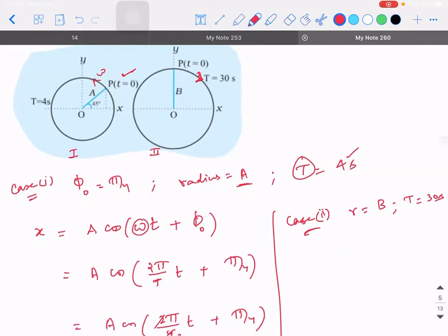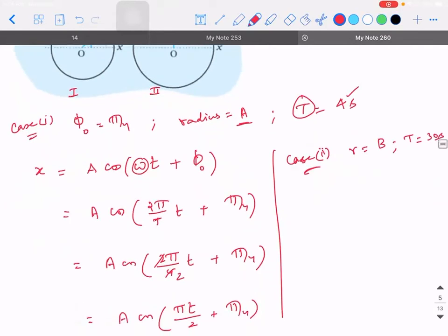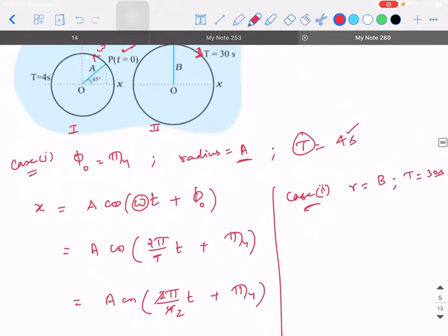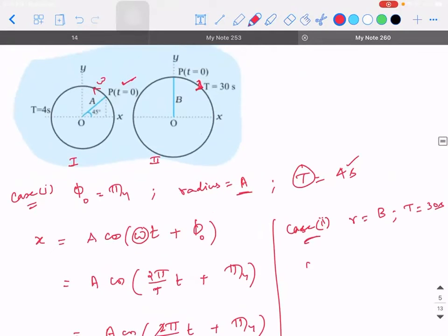So tell me, phi naught is how much? It's 0, sir. Why is it 0? Phi naught is the angle measured with respect to the x-axis. It is 90, pi by 2.